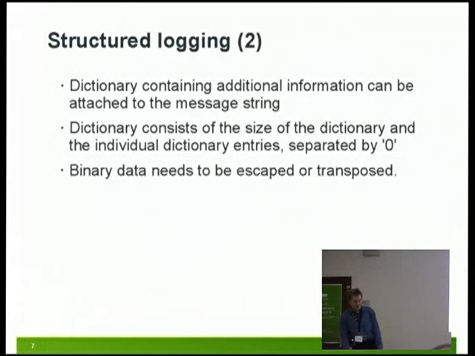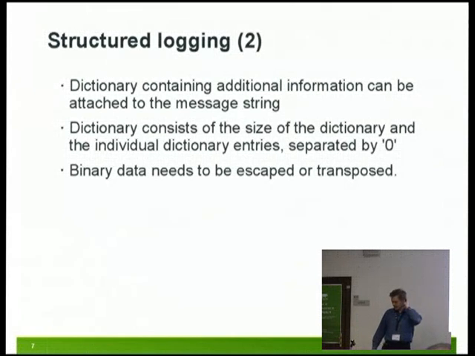In addition, as you now have a binary header which can contain some structured things, you can actually insert a dictionary here. So you can insert a structured message in there, which allows you to parse additional information. So you're not only having the string, but also some additional information to that message.